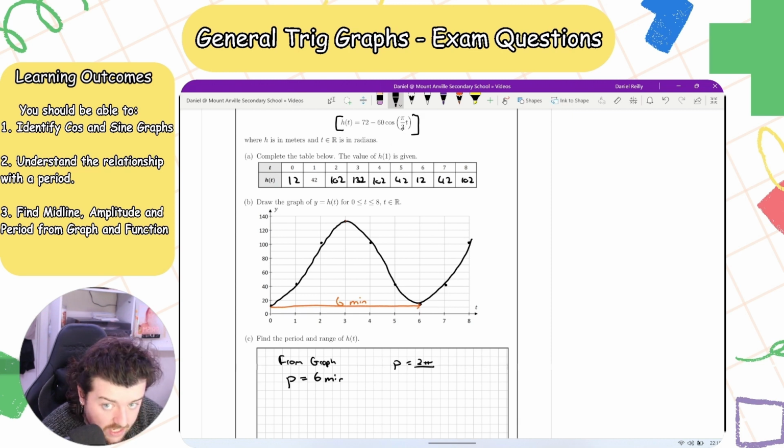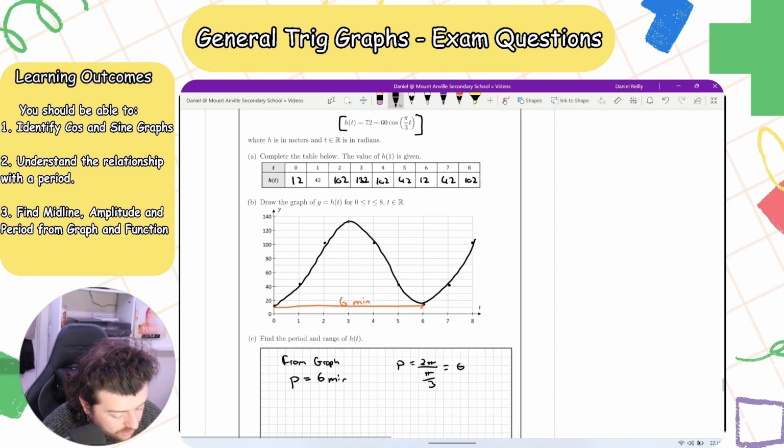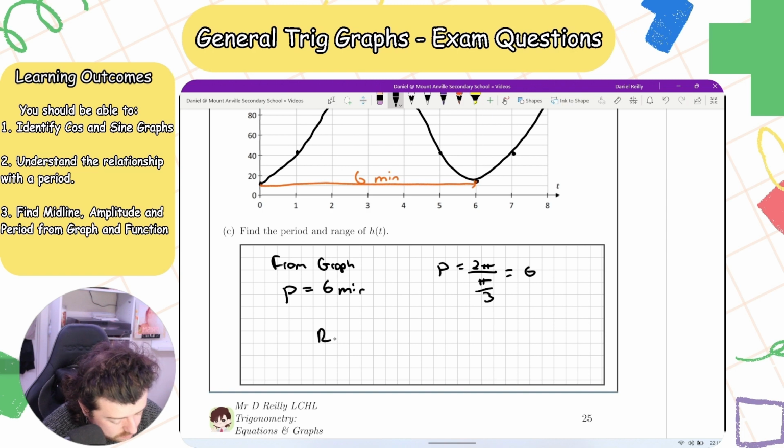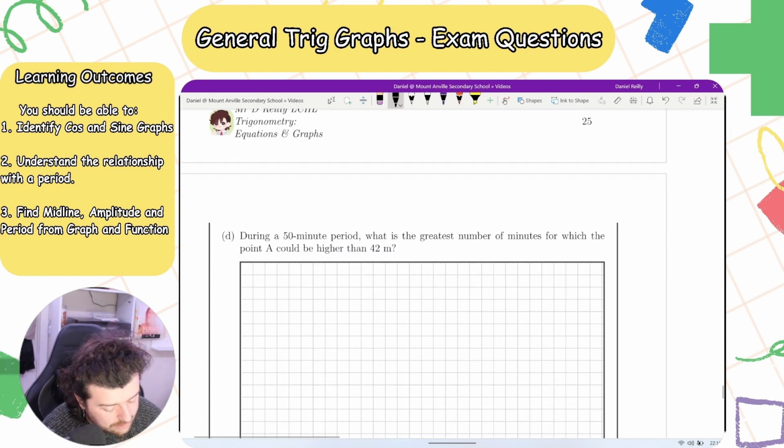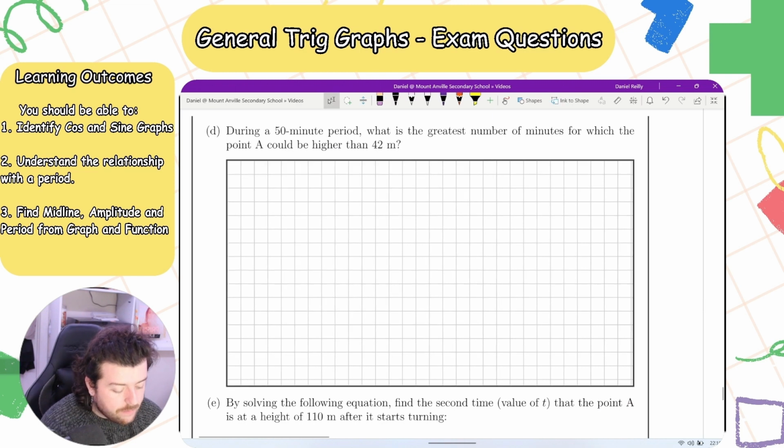In this case, c is pi over 3, and that is going to equal 6 as well. And then the range is going to be my maximum point, which is 132, and my minimum point, which is 12. Easy peasy.